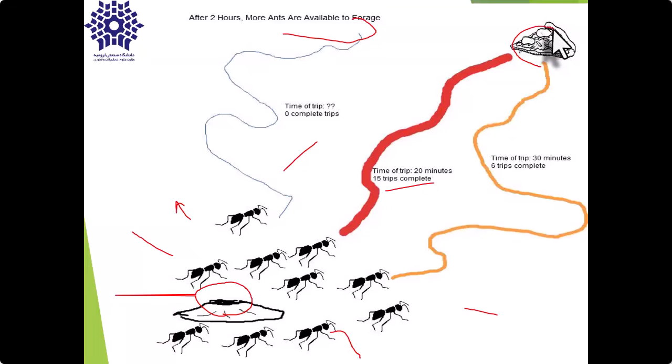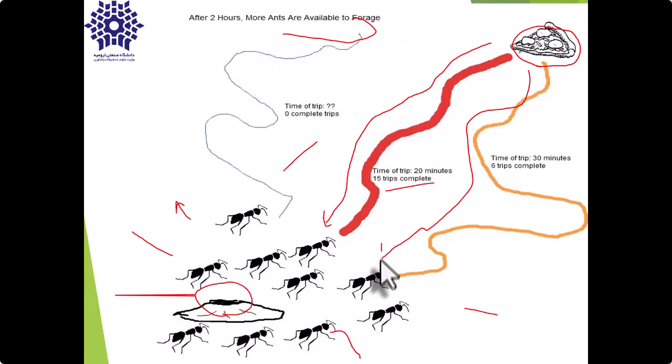Some of the ants find the source of food and return to their home. They can return in this way or in this way to the nest. When they return to the nest, they spread a pheromone, a liquid, on the path to mark the path from the nest to the food and back to bring the food to the nest.